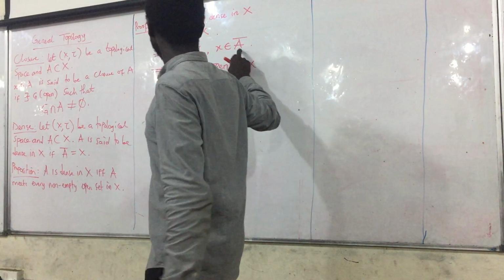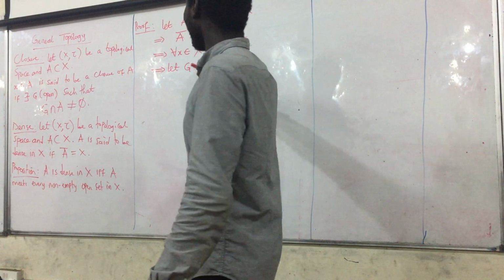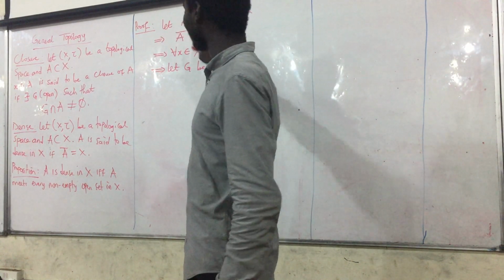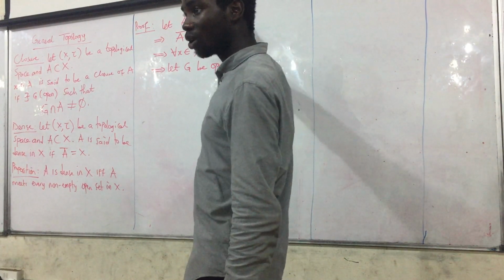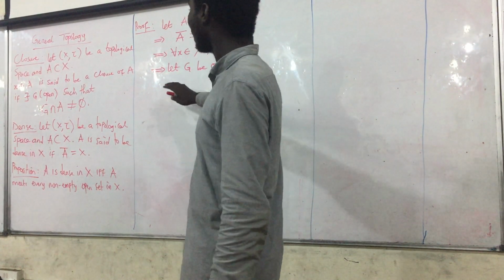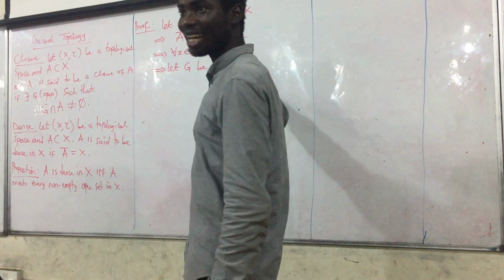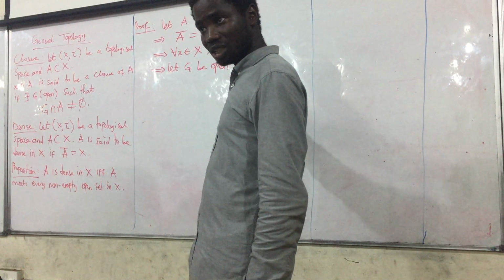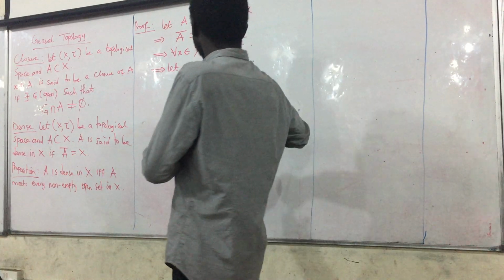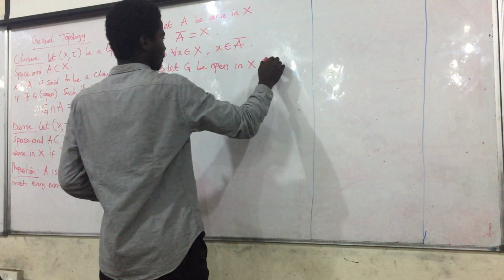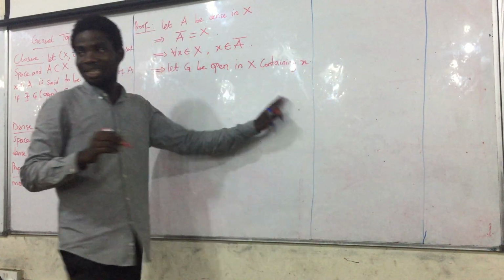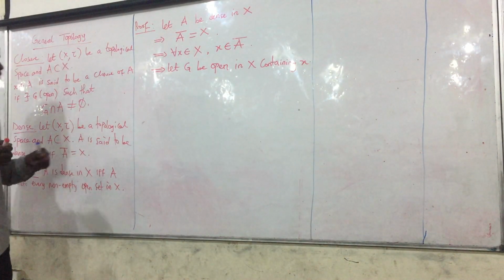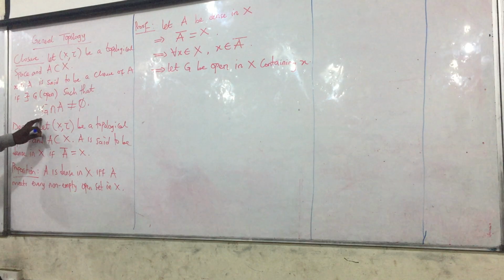We know that every element in the whole space is also in the closure, right? Because it is dense. So I want to let G be an open set in X containing x.